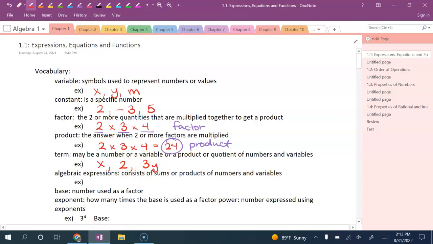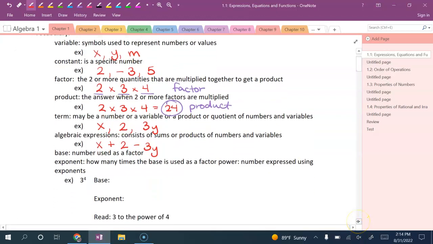And when you start getting those terms combined together with addition signs, multiplication signs, subtraction signs, and those kinds of things, that's when you're going to start getting these algebraic expressions. So for example, if I had X plus 2 minus 3Y, that would be considered an algebraic expression. It's made up of those terms, but then you have addition and subtraction that separates them and creates a new sentence that we could use to solve a problem.